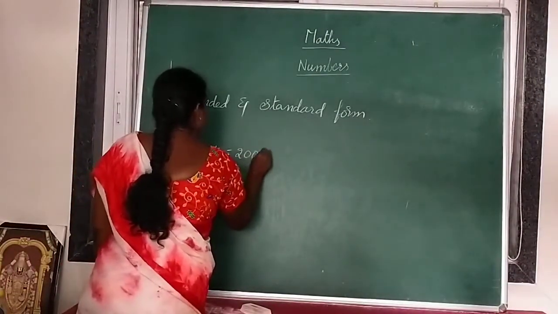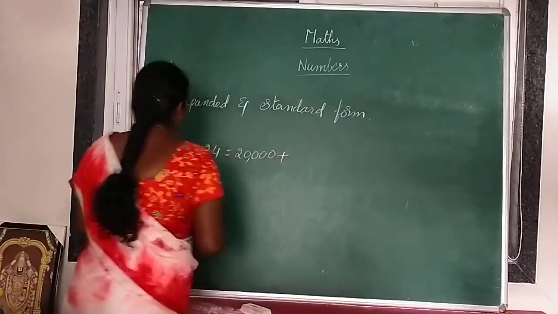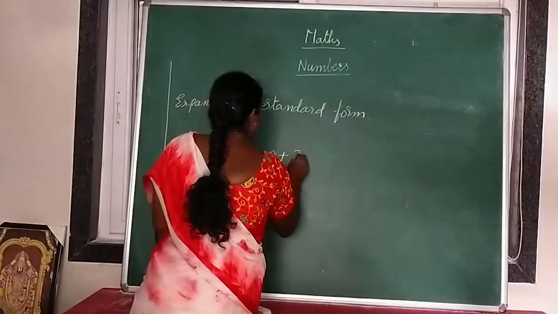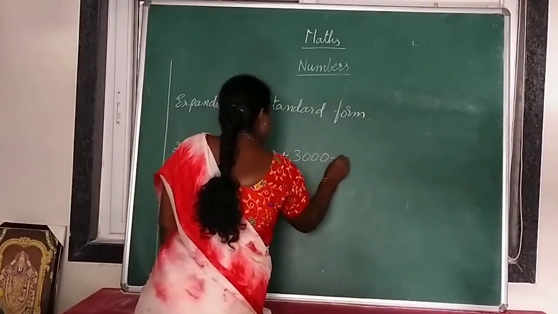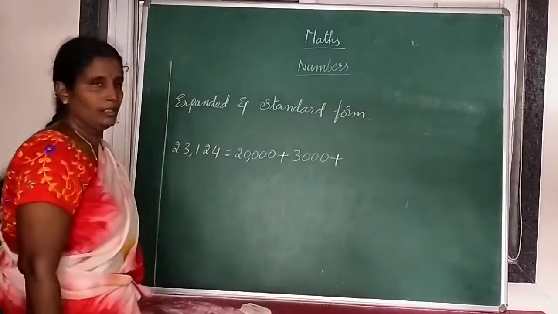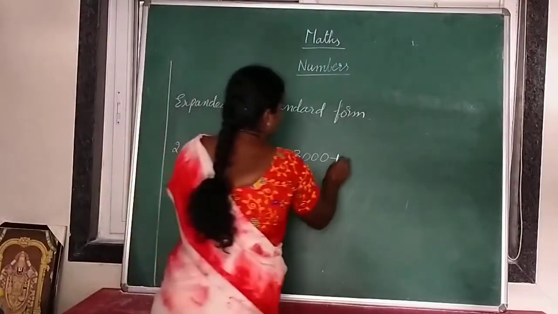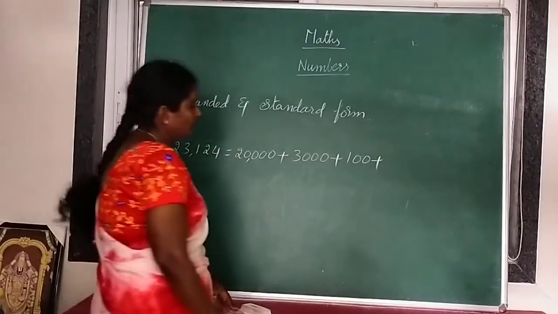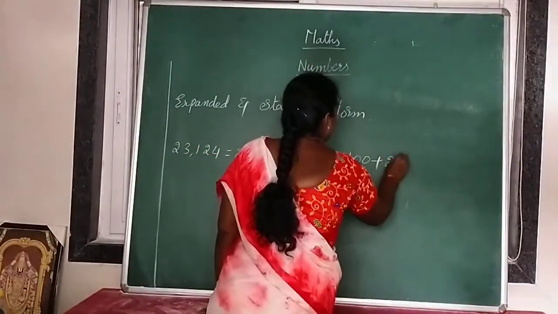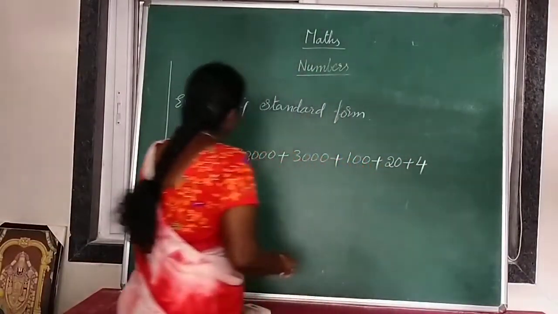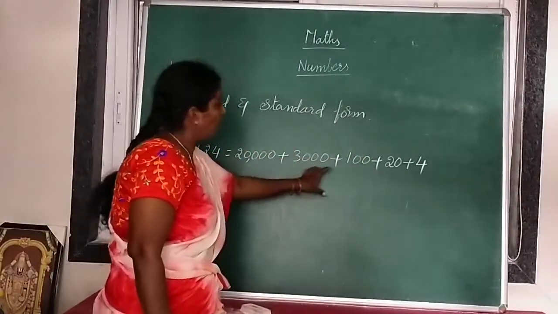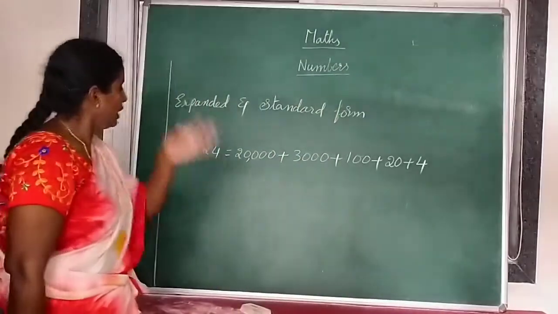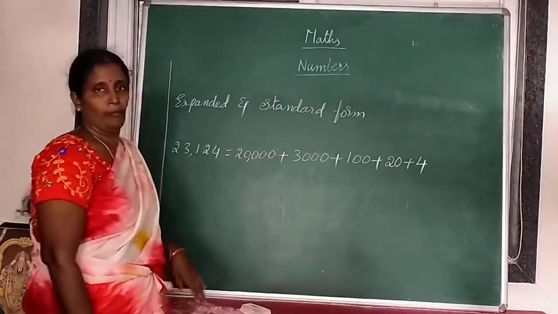Yes. 20,000 plus 3,000 plus next 100 plus 20 plus 4. So 20,000 plus 3,000 plus 100 plus 20 plus 4. Okay, this is the expanded form.